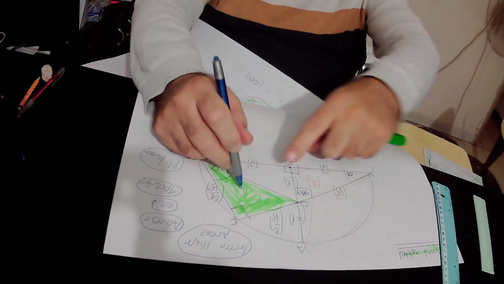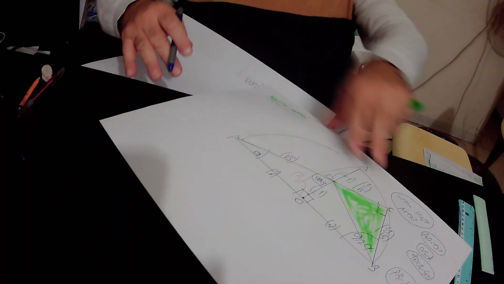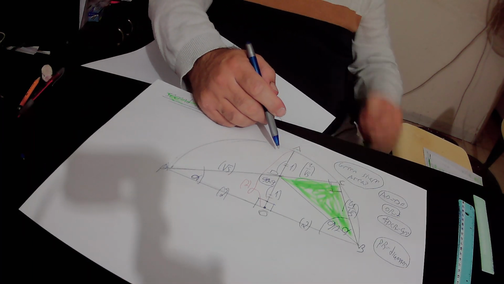Our task is to find out the area of this green shape. You can see that the area of this green shape is actually the area of this green right triangle, DCB.